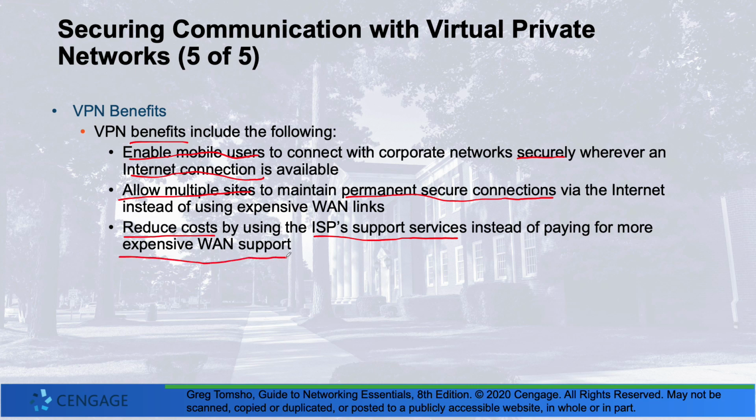So I don't have to pay for internet access for my employees. So I don't have to pay their internet bill at home because it's using existing connections. Okay? So I don't have to troubleshoot connections and things of that nature at employees' houses. Their ISP will do that.